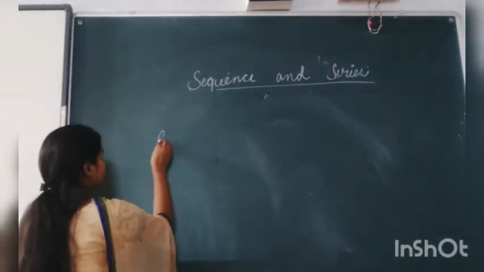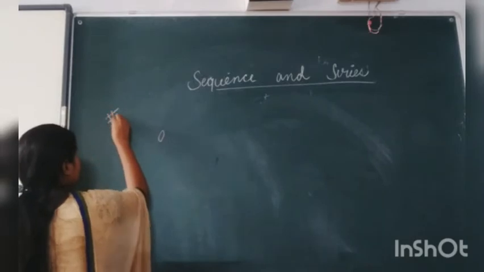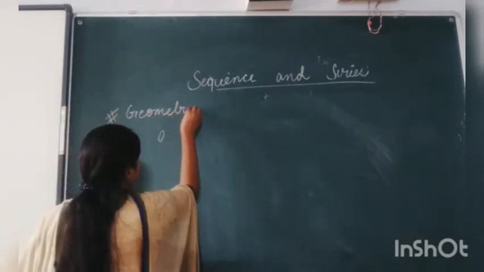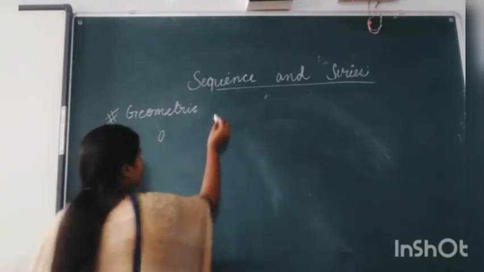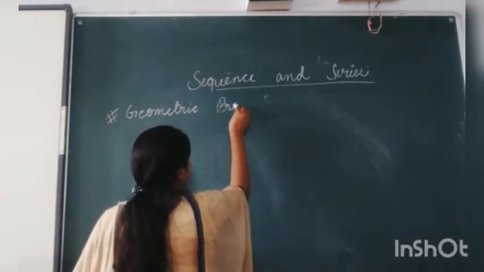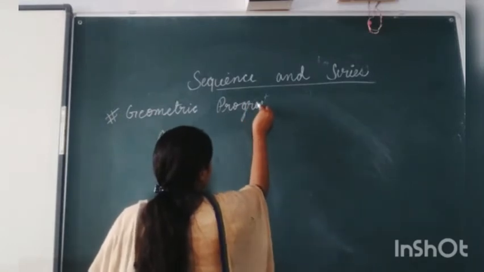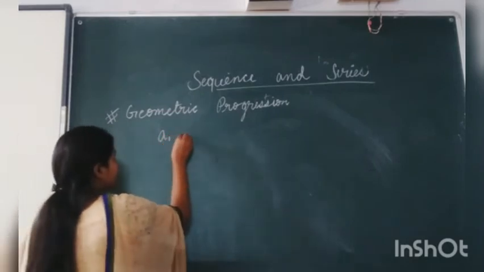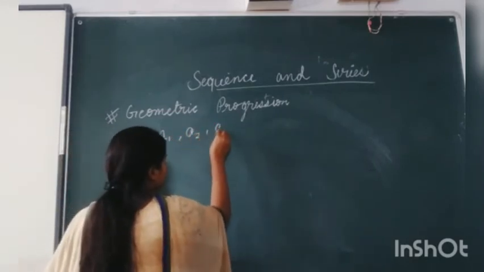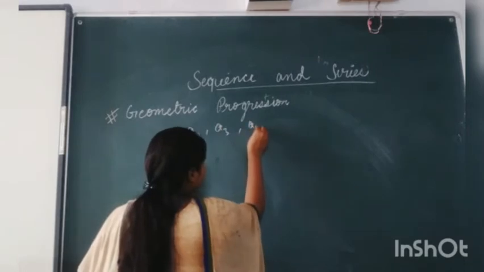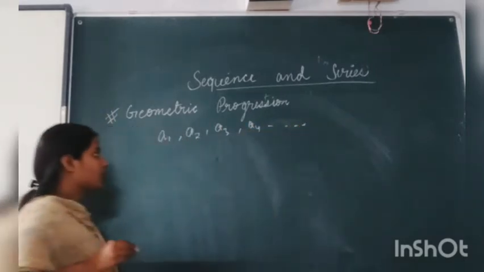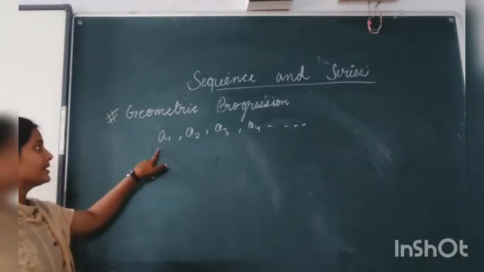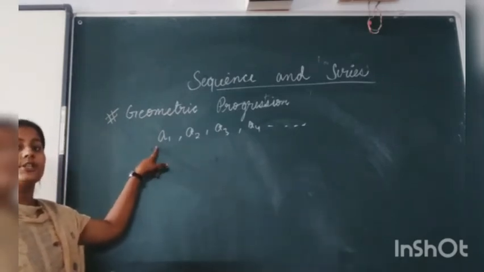Let us suppose we have been given the series A1, A2, A3, A4 and so on. If this series follows a certain criterion, then we say that this is a geometric progression or GP series.